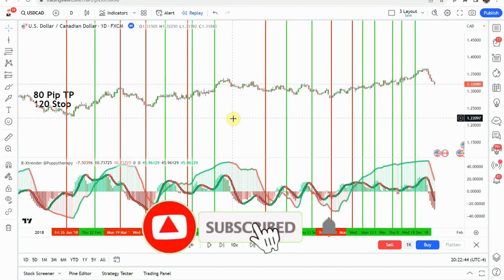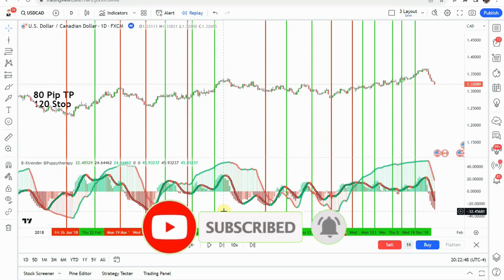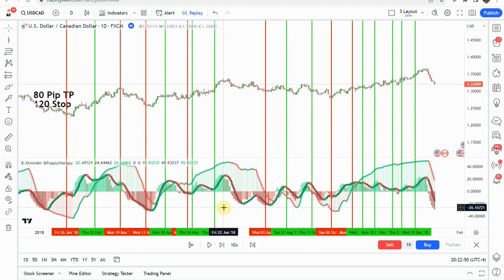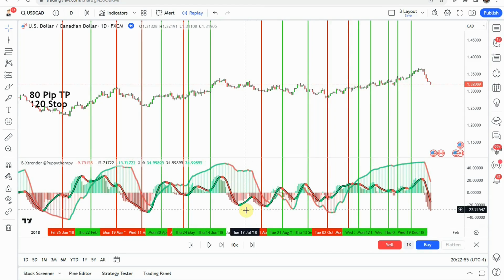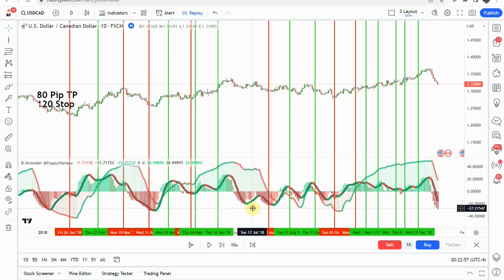I'd be interested in seeing what it can do on a lower time frame, taking just the exact signals like it's supposed to give. But even at that, it did seem like a good majority of the trades, or at least a couple of them that we took, were, I think, technically the signals as we were supposed to take them.